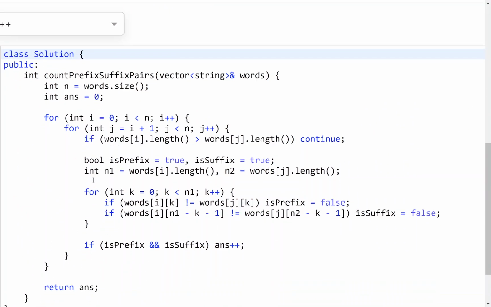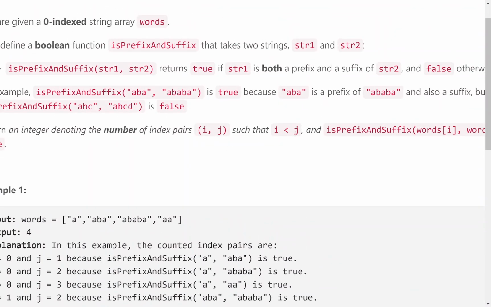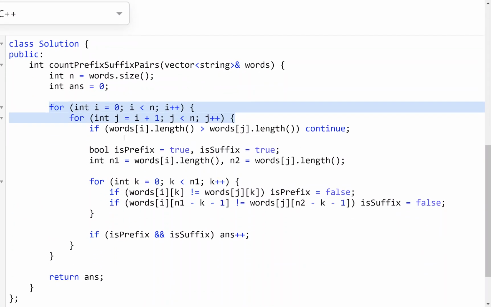This is quite straightforward. What I did is for each and every possible combination of I and j, I'm going like this. Remember that j should be greater than I, like I should be less than j. So we are starting the loop of j from I plus 1. We are saying, this is just a condition. I know that if the length of the string I is greater than the length of the string j, then it is never possible for string I to come as a prefix or suffix for the string j, right?